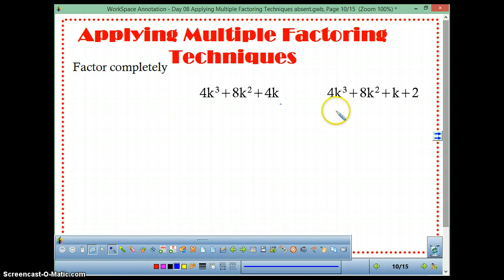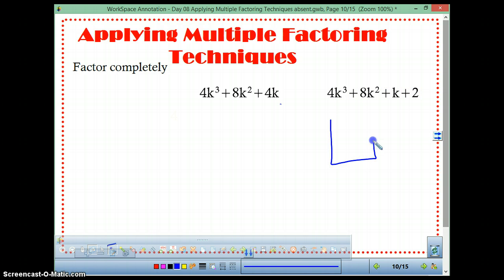Okay, last example. First I check, is there a GCF? A number that goes into all 4 terms. First check the numbers. No. Then check the variables. No. So let's use an area model.